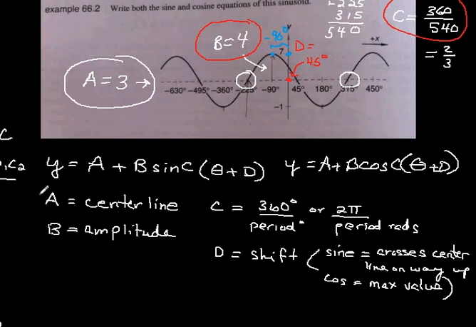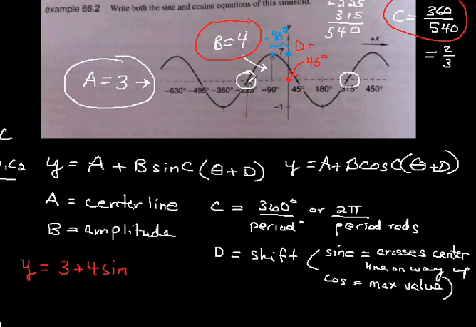So here we go. We'll do our sine curve and our cosine. We'll do our sine curve in red. So our sine equation will be y equals A, your center line, plus B, your amplitude, times sine of C, how much it's stretched out, which would be 2/3.